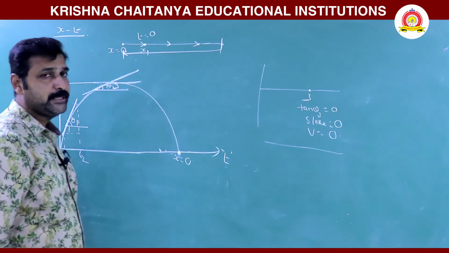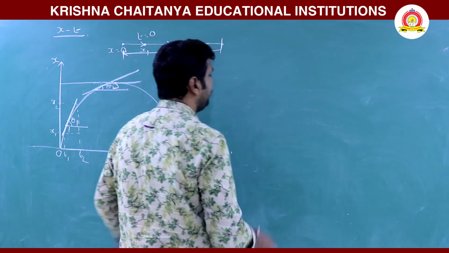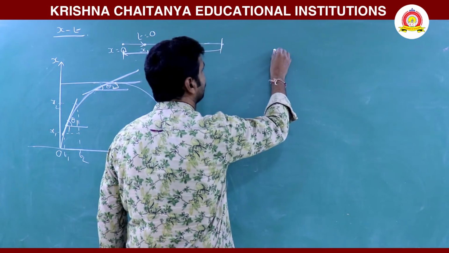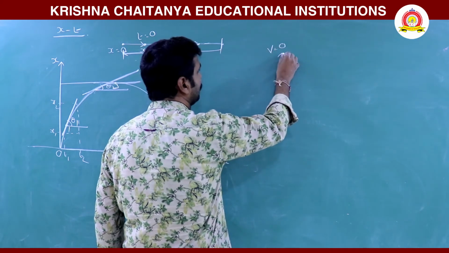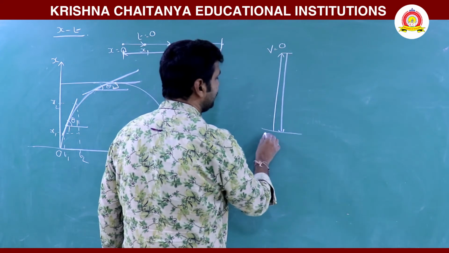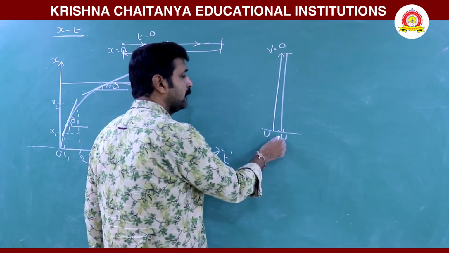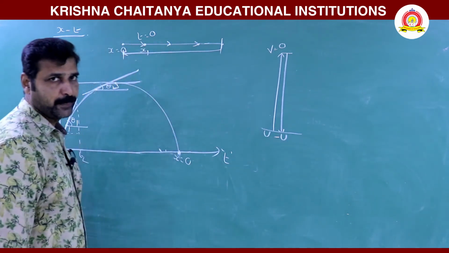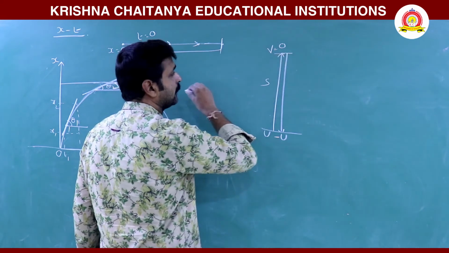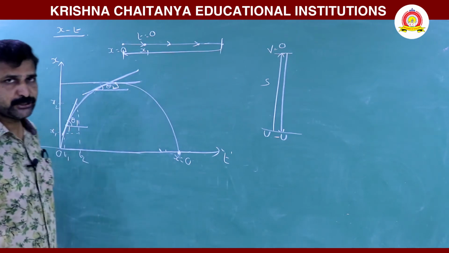For a vertically projected body, what does it denote? When the body is projected upwards, here it stops, so final velocity becomes 0. Hereafter it again falls down. When it reaches the same point of projection, velocity is u, but in the opposite direction. When it travels through the displacement s, again it travels the same displacement in the opposite direction.